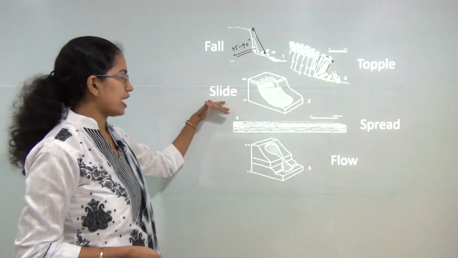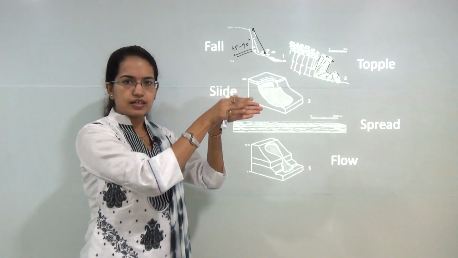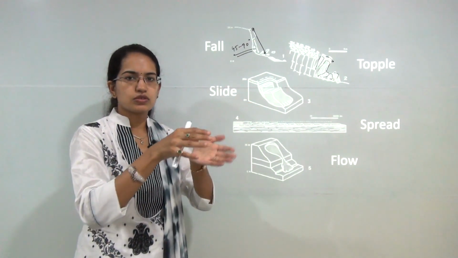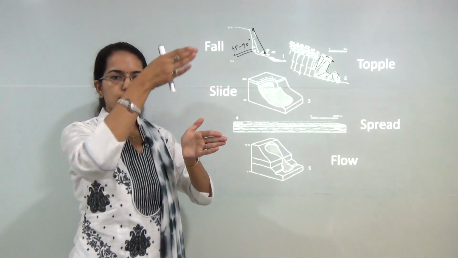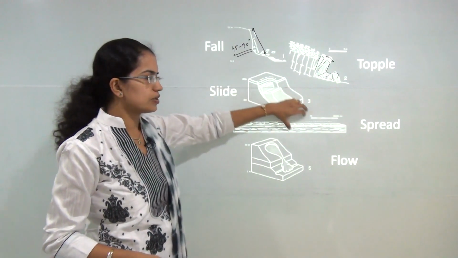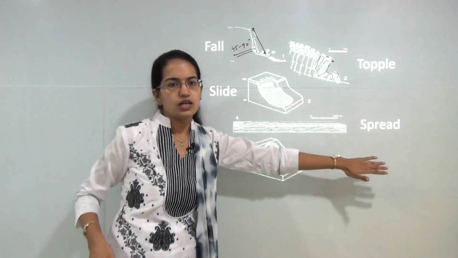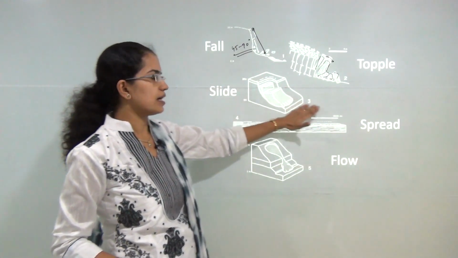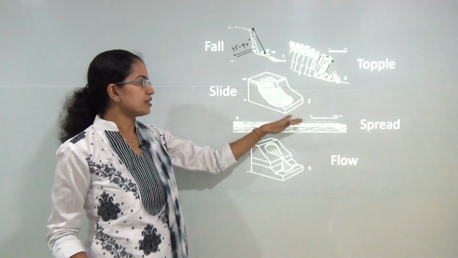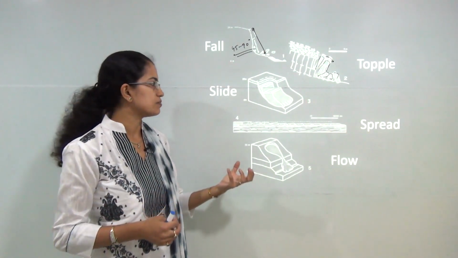The next is slide. It's a kind of slide which you understand in the playground, where you can slip the material. If you have a rock mass towards the top, it would roll down and move towards the bottom. That would be an example of slide. Slide is a downslope movement of the rock particle once it ruptures.